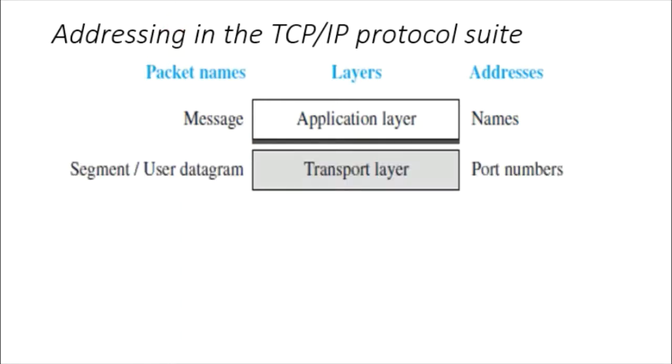If the protocol used at the transport layer is TCP, which is Transmission Control Protocol, the data packet is known as TCP segment. If the protocol used at the transport layer is UDP, which is called User Datagram Protocol, the data packet is known as UDP datagram.